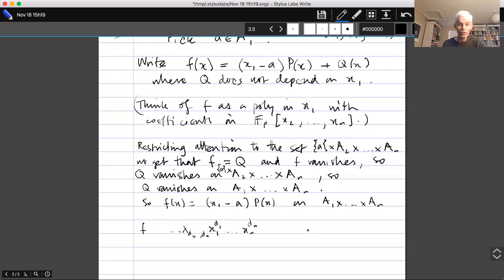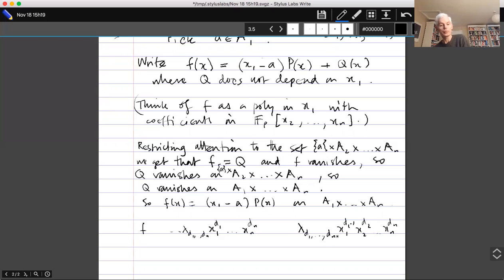We can see that we've got to have, in px, a term that looks like this: lambda d1 up to dn, x1 to the d1 minus 1, x2 to d2, up to xn to dn.